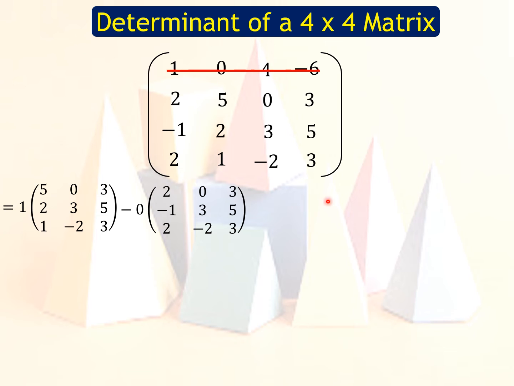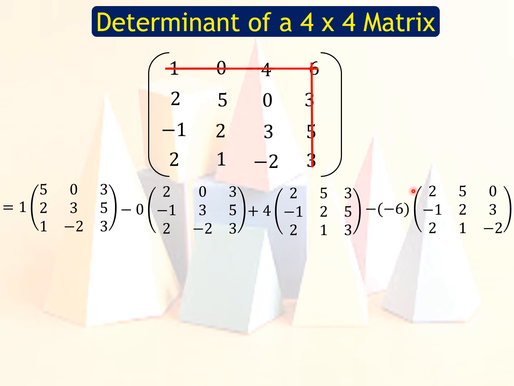Then it is minus already, so we are going to add. So first eliminate the first row and then the third column. So we have 4 times 2, 5, 3, negative 1, 2, 5, 2, 1, 3. And then the last one, we are going to eliminate the first row and then the fourth column.